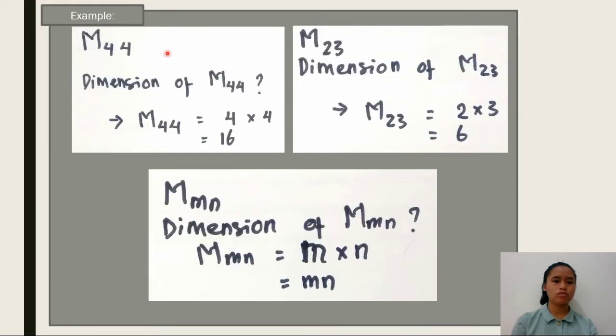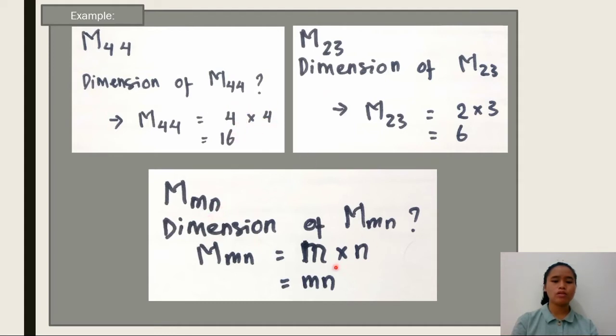Next, there's an example: the dimension of M44 is 16. So 16 comes from 4 times 4.